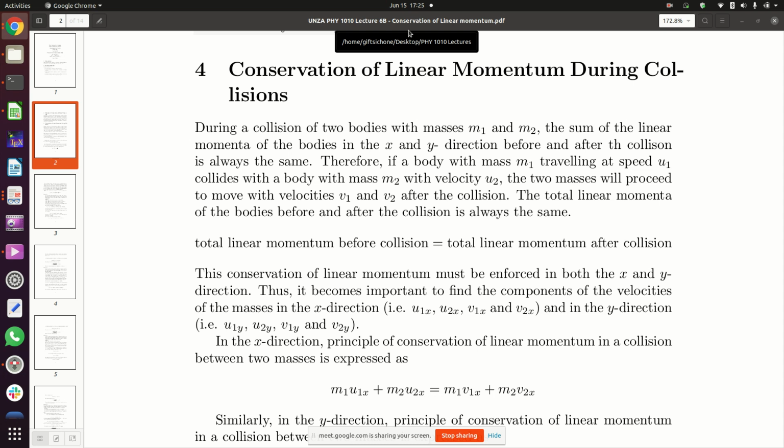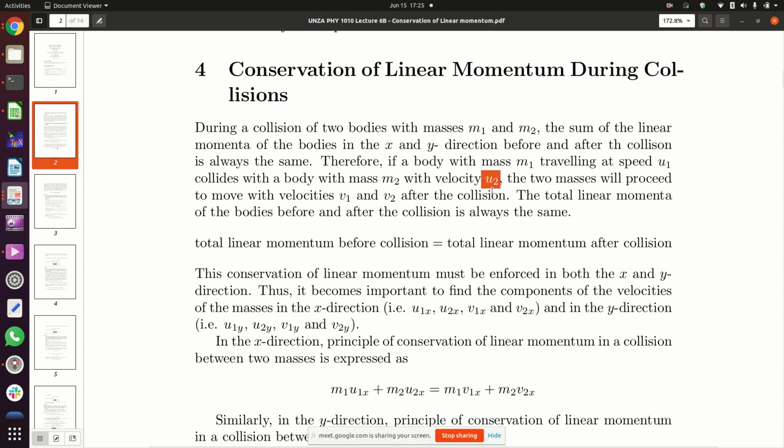Okay, so in this case, we are looking at two objects of different masses, m1 and m2, and before they collide, they've got their own velocities. The velocity before collision is what we denote as u. So the velocity of the first object before collision is u1, and the velocity of the second object before collision is u2.